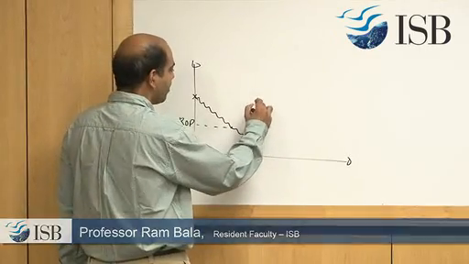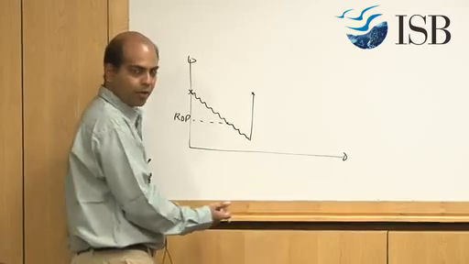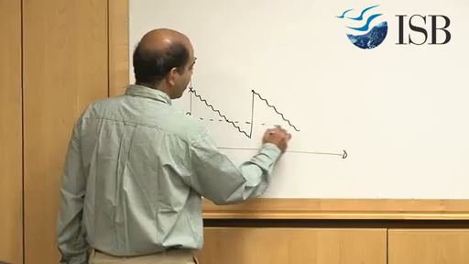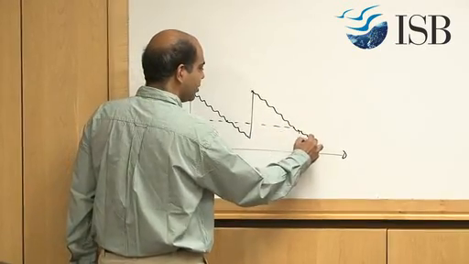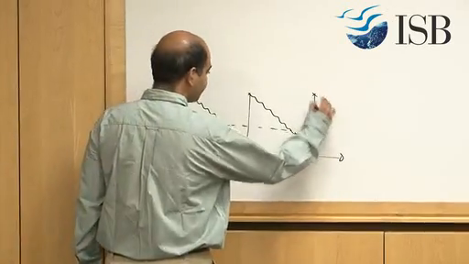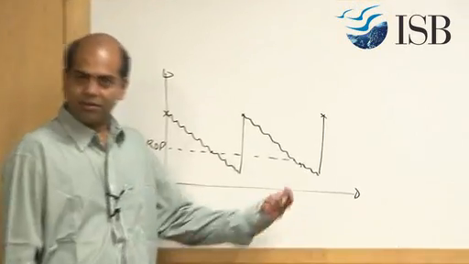At that point, the inventory position jumps up depending on the size of the order itself, which typically is the economic order quantity. The inventory again depletes. When it hits the reorder point, once again an order is placed, and again at some point the next shipment arrives, and so on.